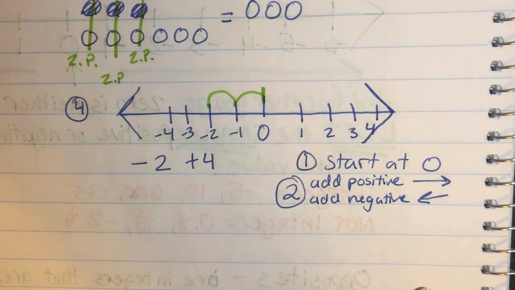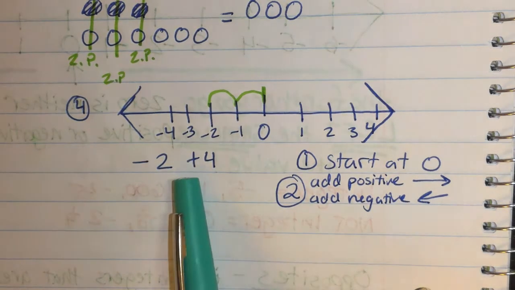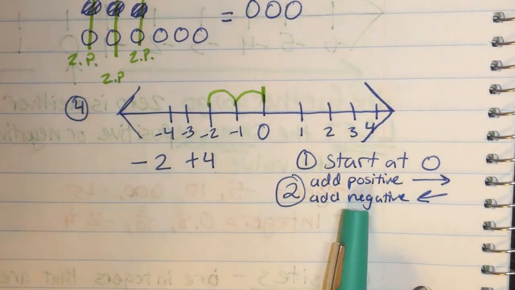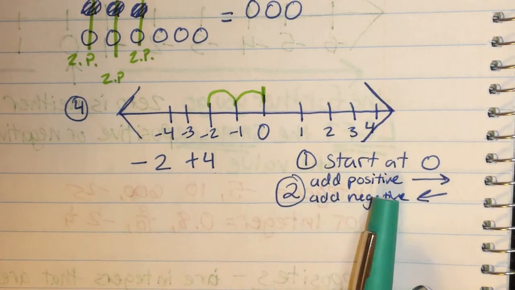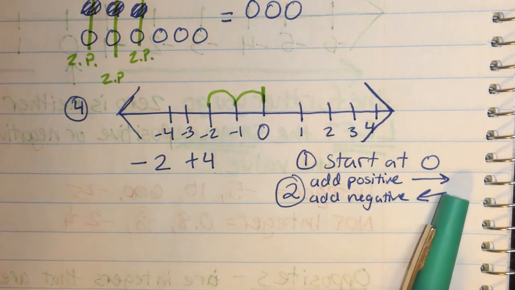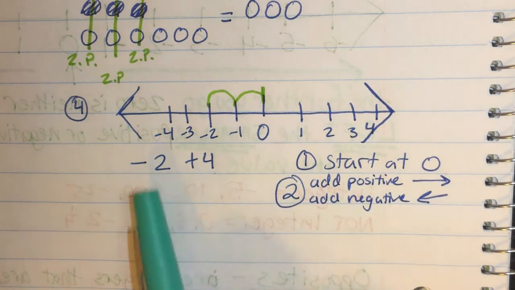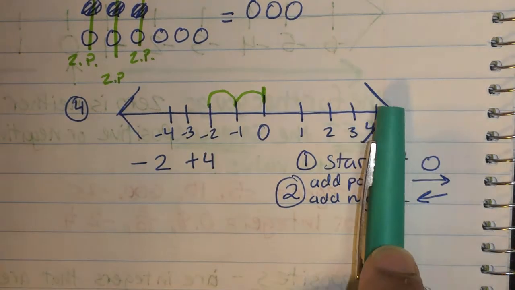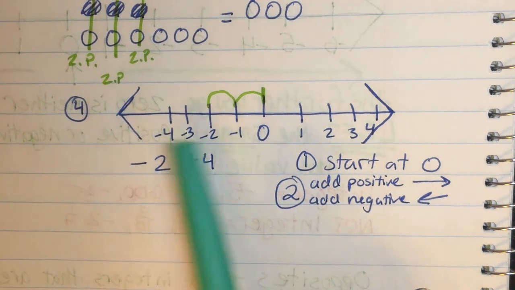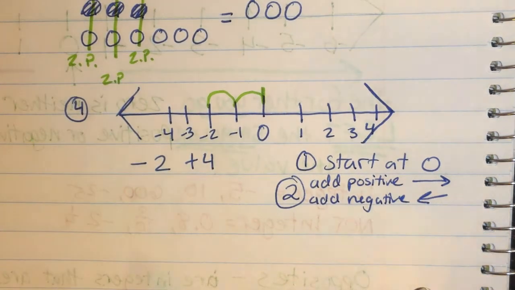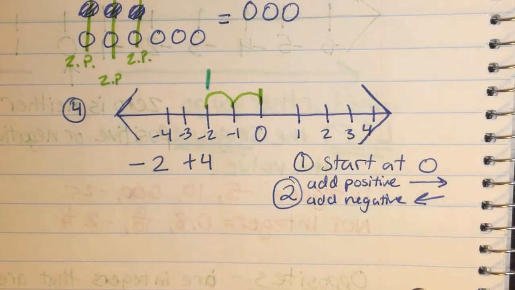Now from -2, I'm going to look at my next one. I'm adding +4. According to my rules, when I'm adding a positive, we go to the right. We go to the right that many spaces. Now, +4 doesn't mean jump all the way to 4. No. It means move 4 spaces to the right. So I'm going to pick back up where I left off at -2.